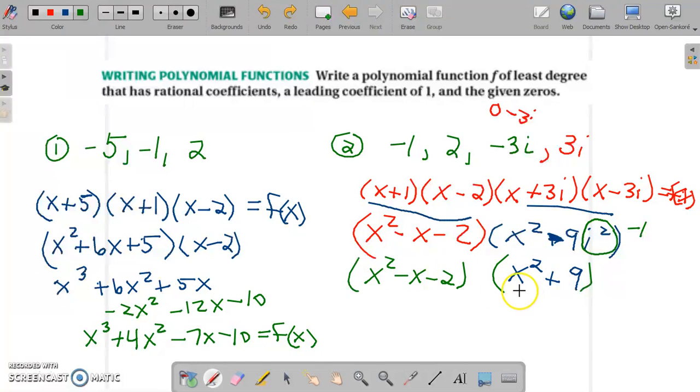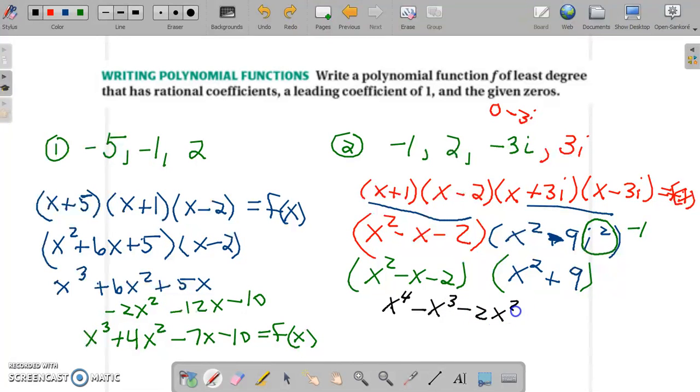And you can multiply this out. You've got to do x times everything, 9 times everything. So just like we did with this problem over here, you've got to distribute the x squared. So when I do that, I get x to the 4th minus x to the 3rd minus 2x squared.